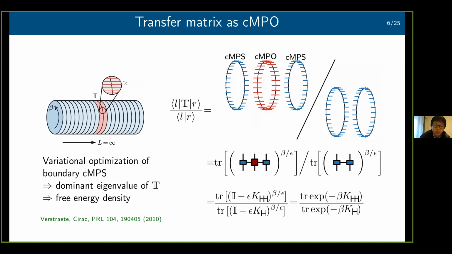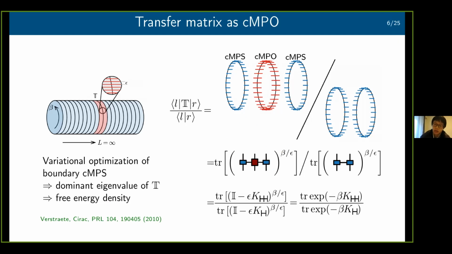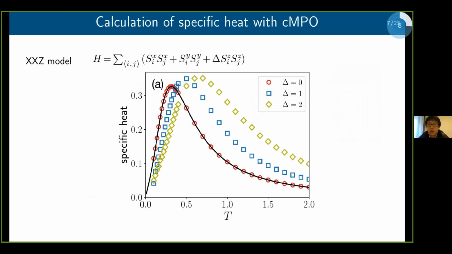In our simulation, we can calculate many different kinds of quantities, like the thermodynamic quantities. Here we present a few numerical benchmark results. This is the CMPO simulation result for the specific heat in the XYZ model. This model contains the XY interactions and also a ZZ coupling between nearest neighboring spins.